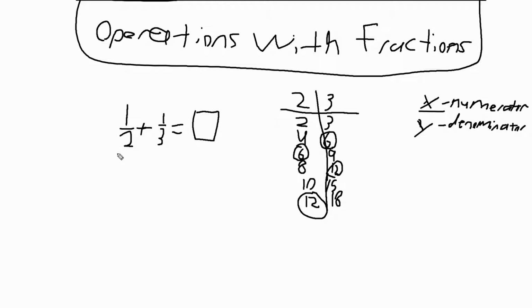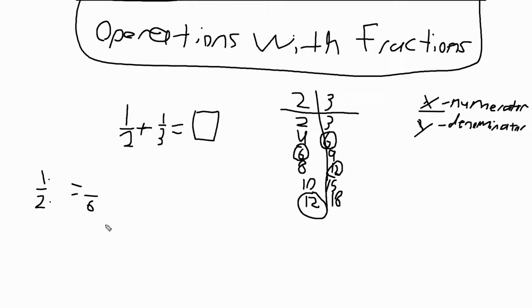In order to do that, we would have to multiply the numerator and the denominator by whatever we need to get to 6. So for example, we have 1/2 here, and we need to multiply both sides by whatever for this to equal 6. They also have to be multiplied by the same number.